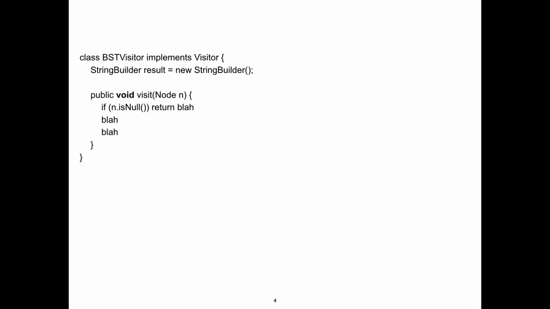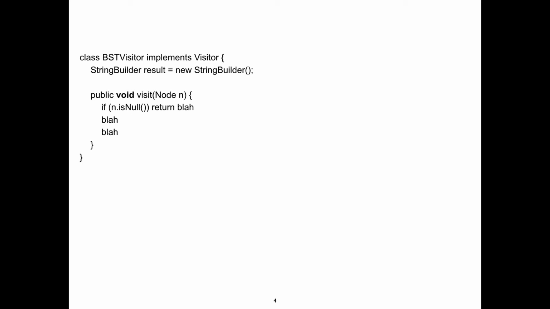So here, there are two patterns intersecting, right? One is the null object pattern, and the other is the visitor pattern. The point of the null object pattern is to avoid checking for null, right? So here we're checking for null.